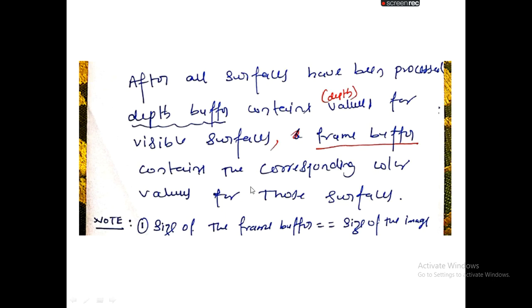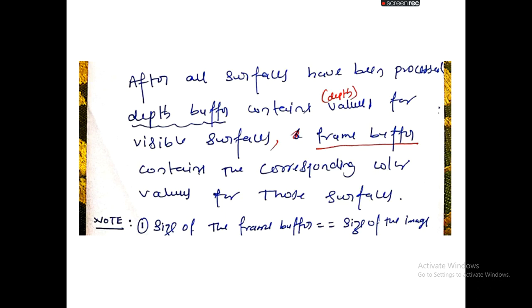Similarly, the depth buffer contains the smallest distance between the observer and the surfaces visible to the observer. In other words, whichever surfaces are visible, those visible surfaces' pixel distances are stored in the depth buffer. This is the final outcome of the two buffers.